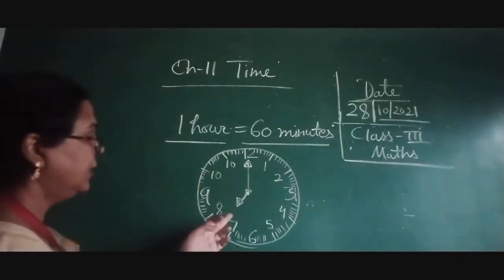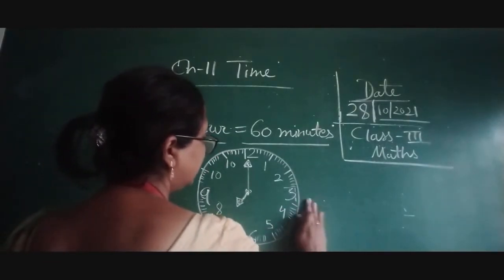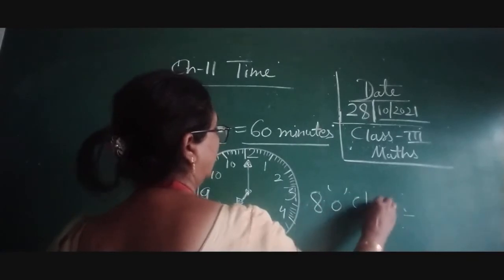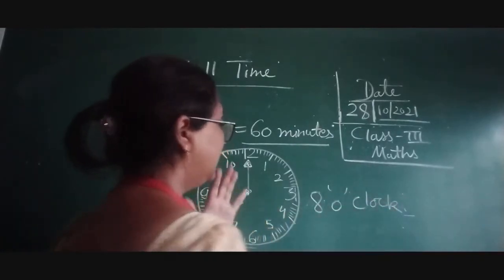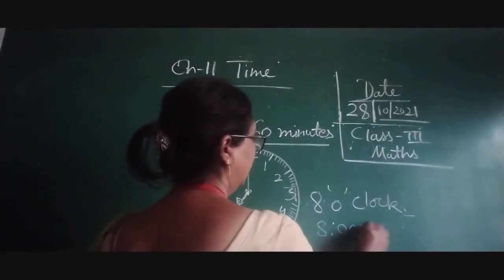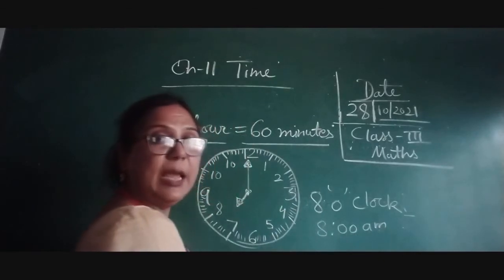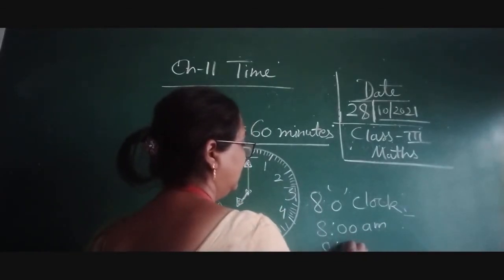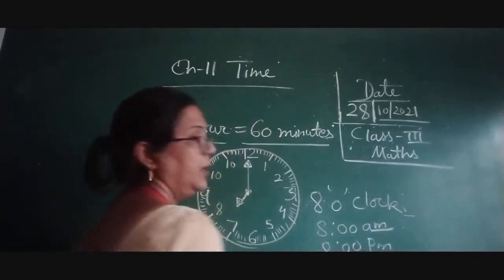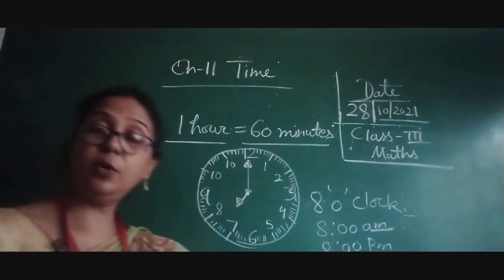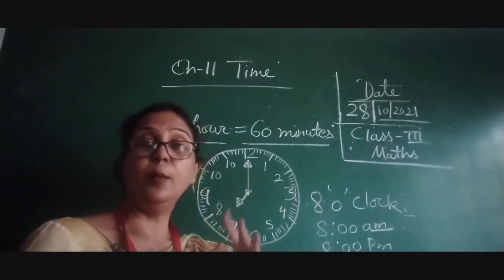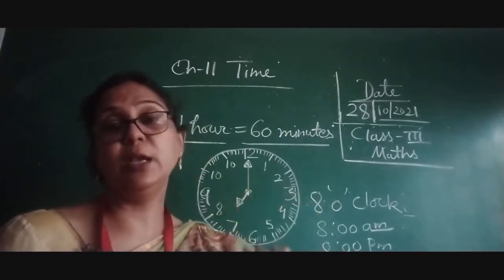If it is at 8 o'clock, we will write 8 o'clock here. Or if it is morning time, we can write the time as 8 a.m. If it is evening time, we will write 8 p.m. Children, always remember this is a.m. and this is p.m. This is very important, because the clock remains the same but the timing changes: morning, evening, or night.